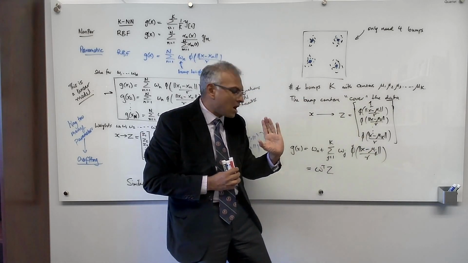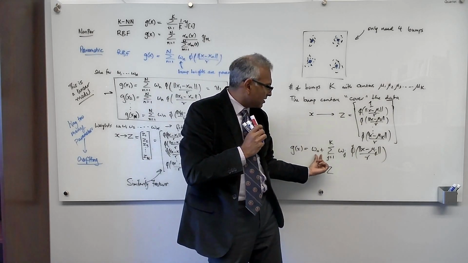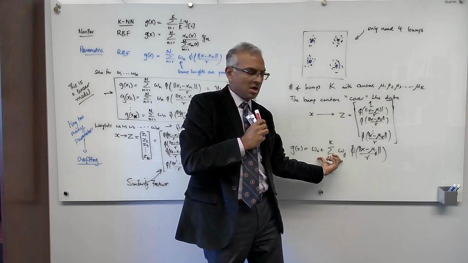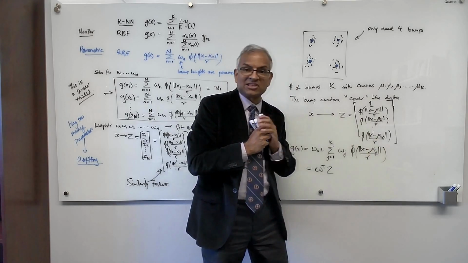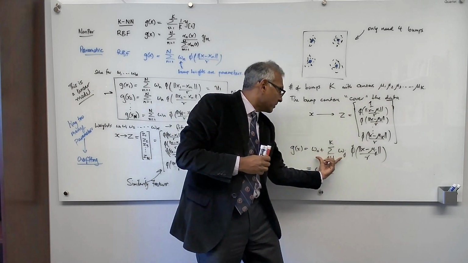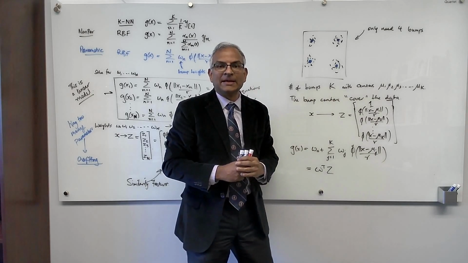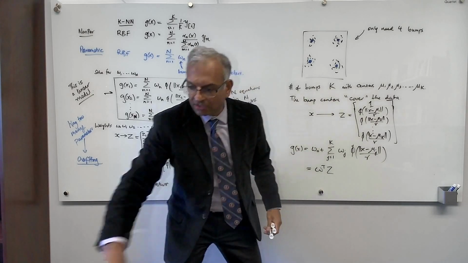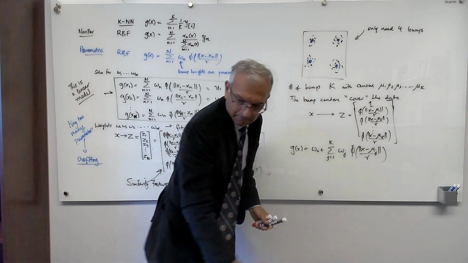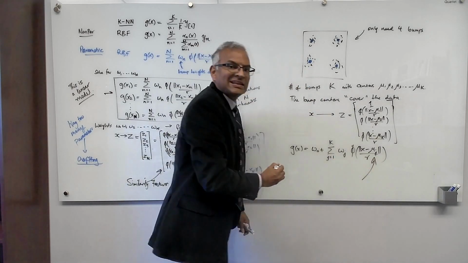But now an interesting possibility arises: I have parameters which are the weights and also parameters which are the bump centers, and in principle I can vary both in order to fit the data. This part of the model is a nonlinearity.